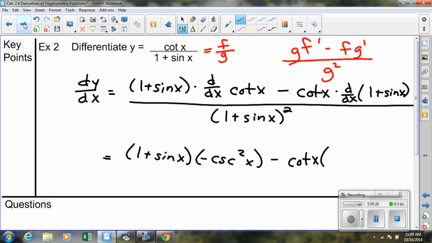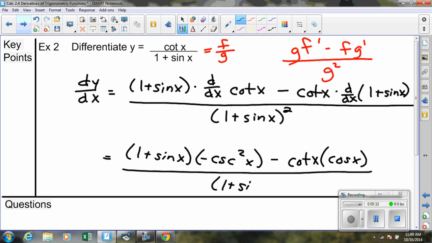So we would get cosine of x all over 1 plus sine of x quantity squared. And with that, we are done. We actually do have a formula for the derivative dy dx. We could continue further, though.